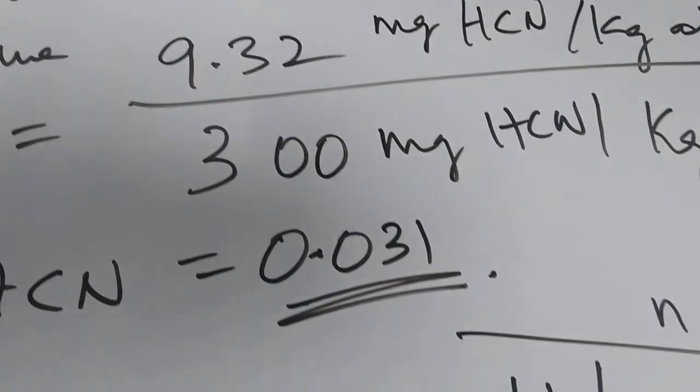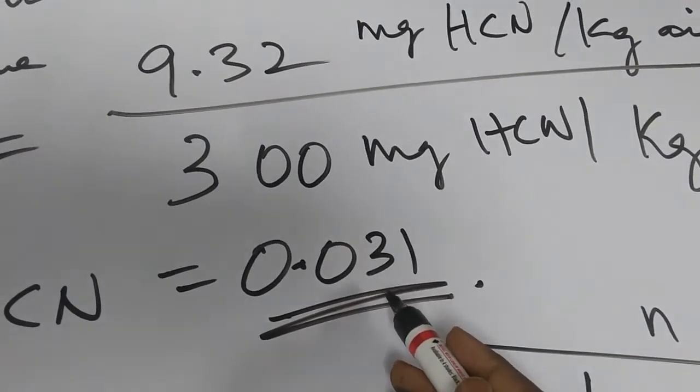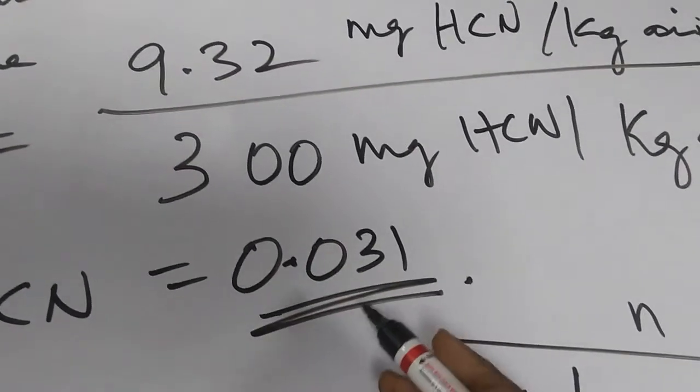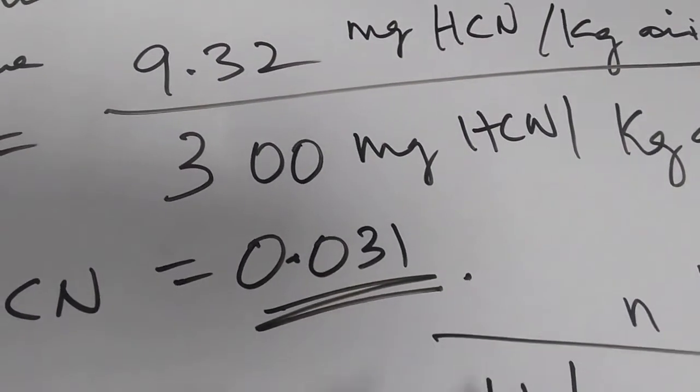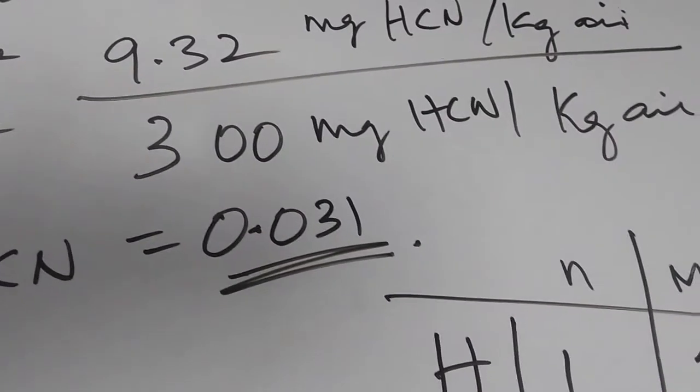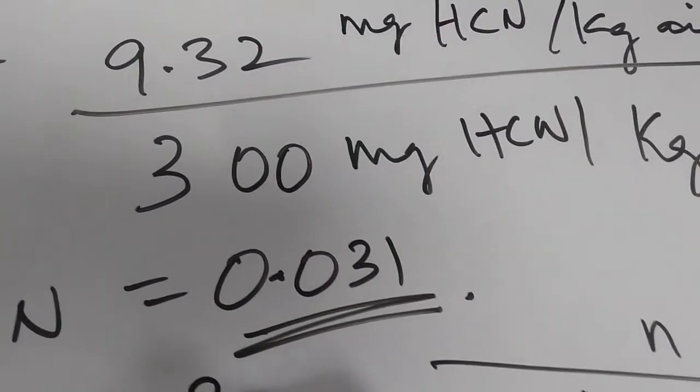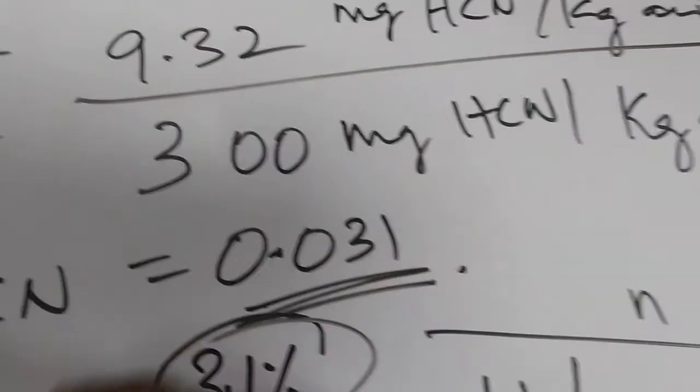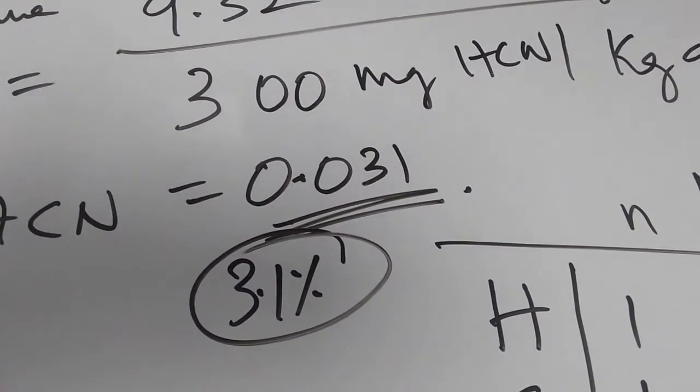Okay, so that means if I express it in percentage, it is 3.1 percentage of lethal dosage. Okay, 3.1 percentage of lethal dosage is the final answer.